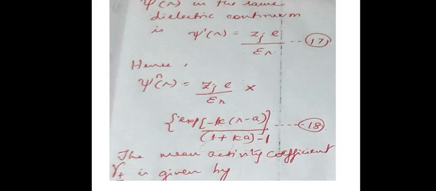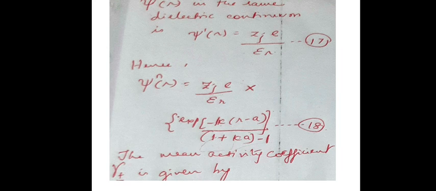In the same dielectric continuum, psi dash r is equal to Zj e by epsilon r. Hence psi n r is equal to Zj e by epsilon r into exponential of minus k(r minus a) by 1 plus ka, minus 1.